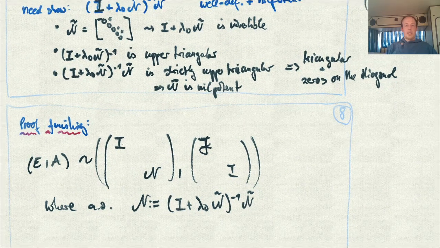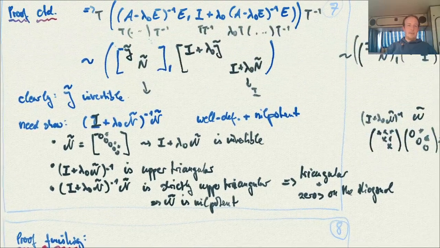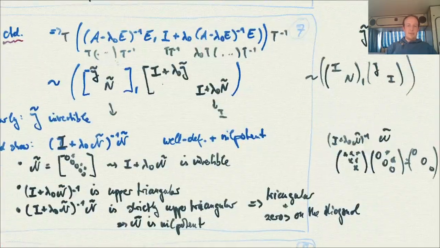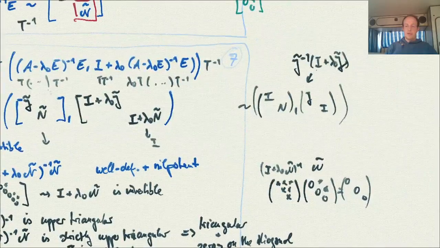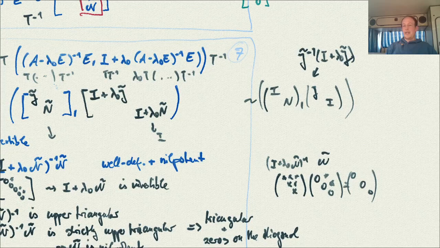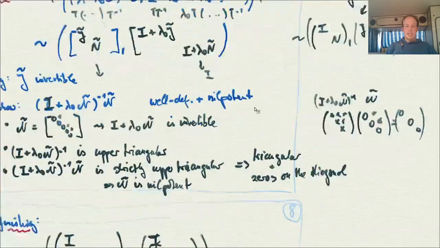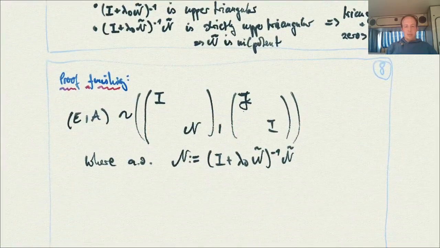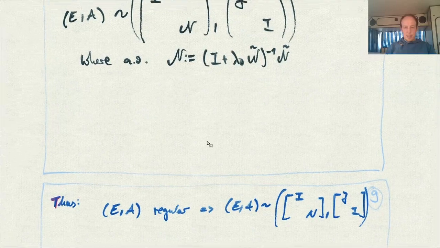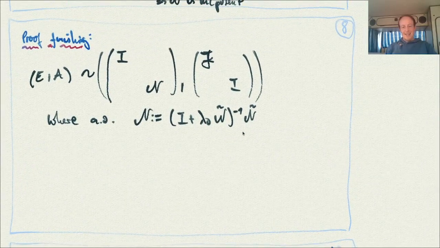And as I said, this identity comes from inverting this J matrix, and this J matrix comes from computing the Jordan canonical form of this J tilde to the minus 1 I plus lambda 0 J tilde. Okay, and that's the proof. So done with the proof.